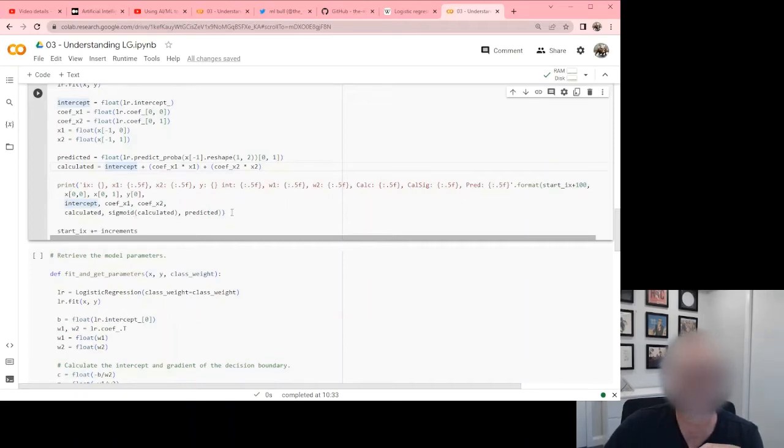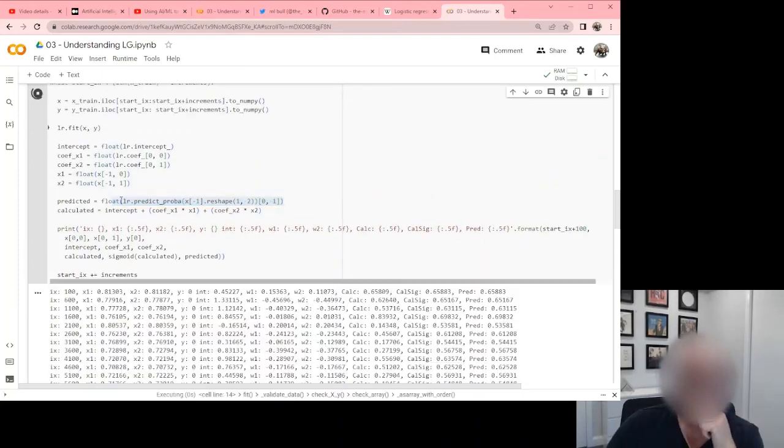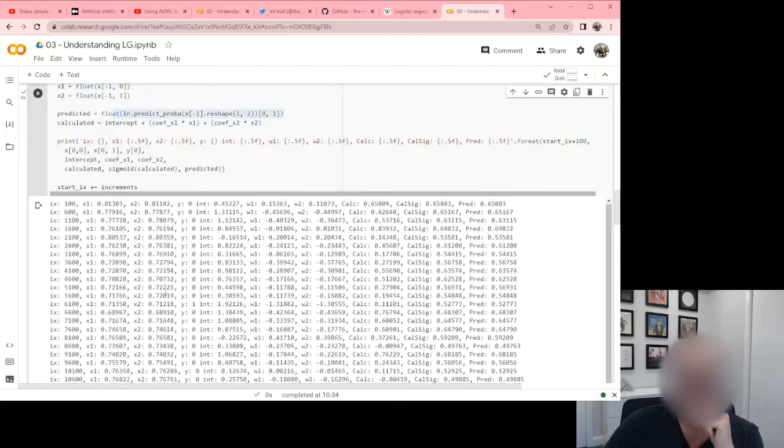And then what we're going to do is actually have the logistic regression algorithm predict that, and then we should get the same values. So let's see what happens when we run this.